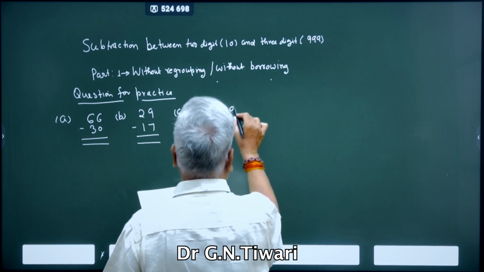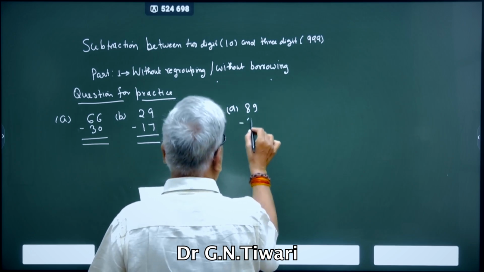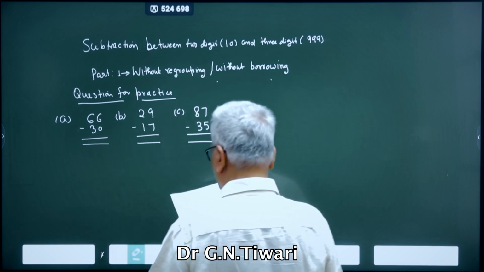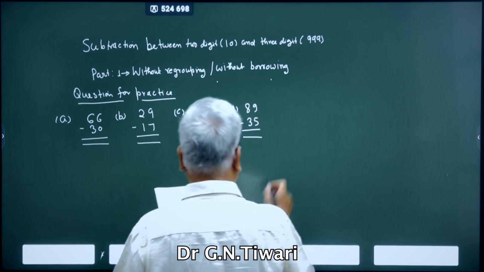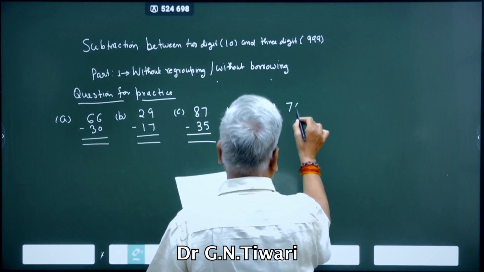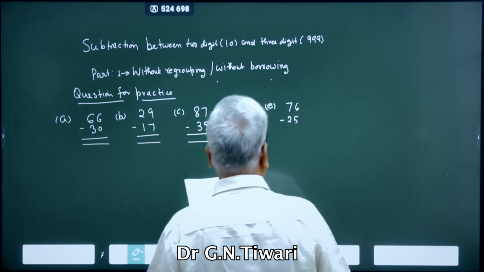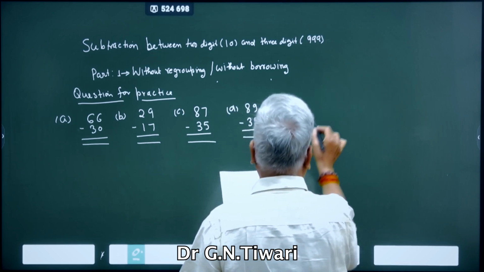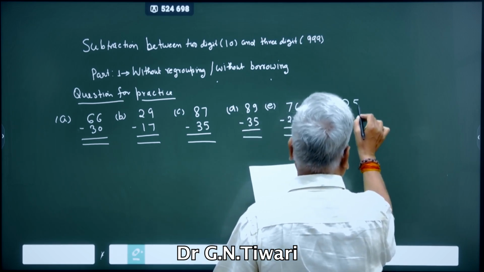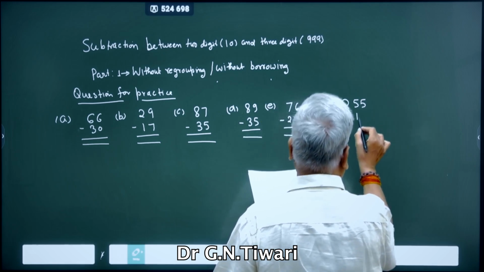D: 89 minus 35. E: 76 minus 25. F: 255 minus 013.